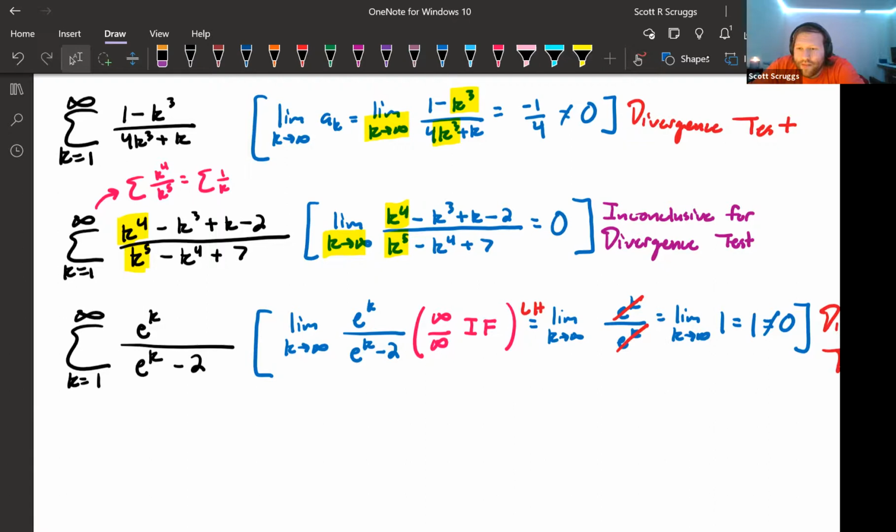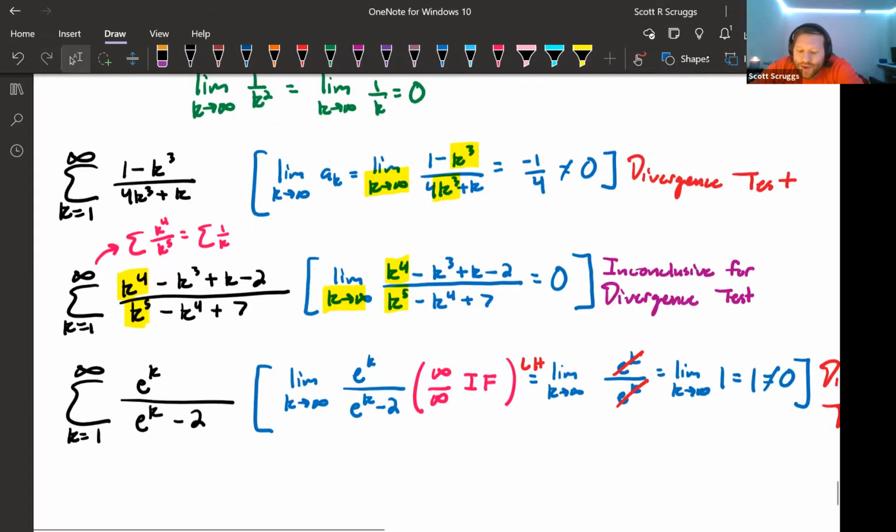All right. Any questions about these 3 series and why I could and why I could not use the divergence test on it? Why would we use the divergence test over any of the others? The short answer, Natasha, is it's very cheap in terms of work.